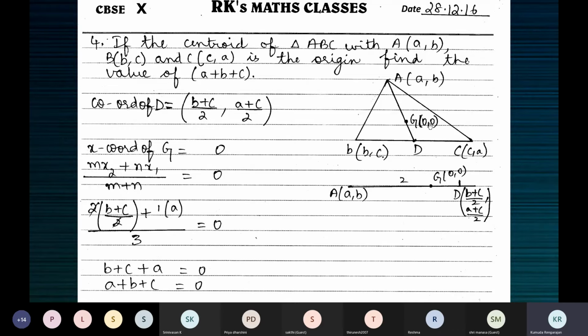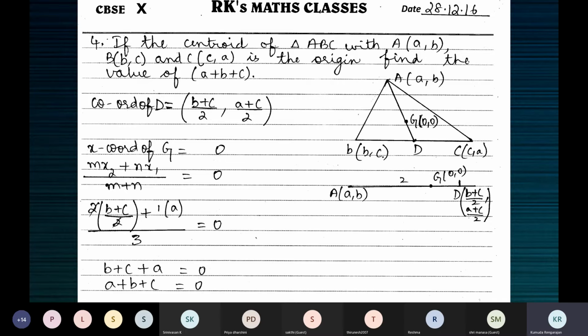Try for the y coordinate of G, children. How do you find the y coordinate of G? What is the formula?